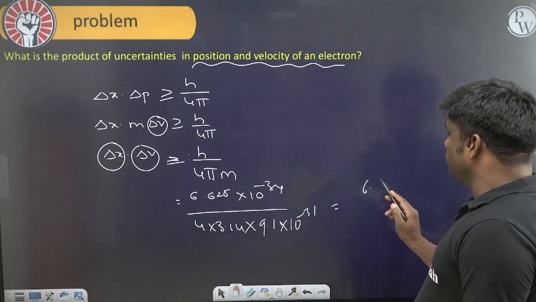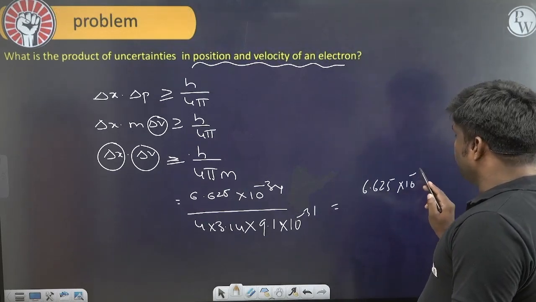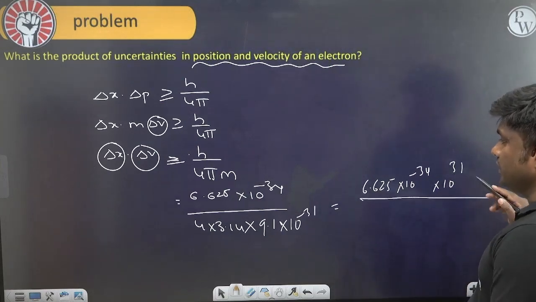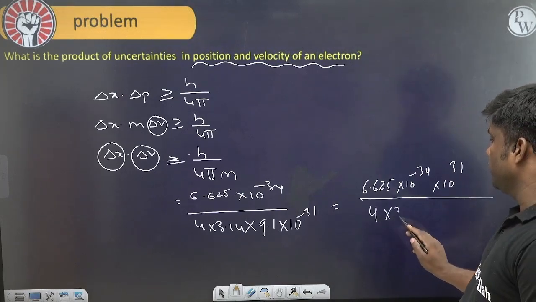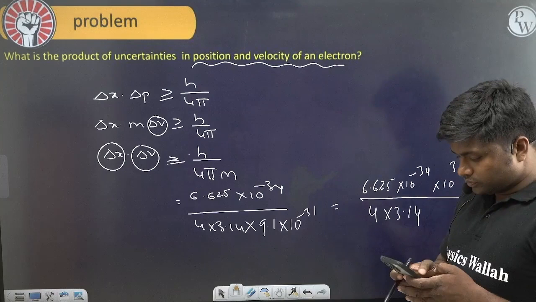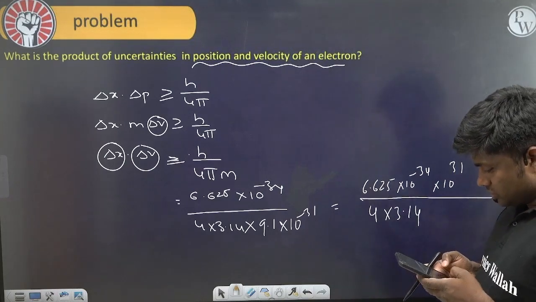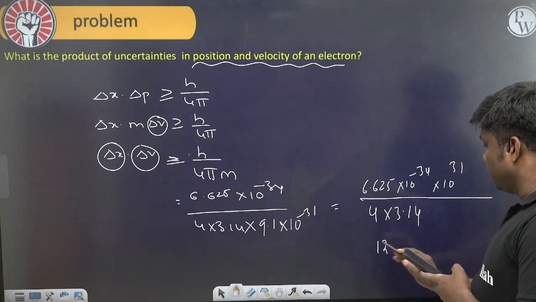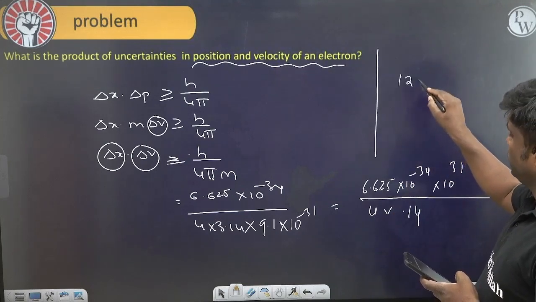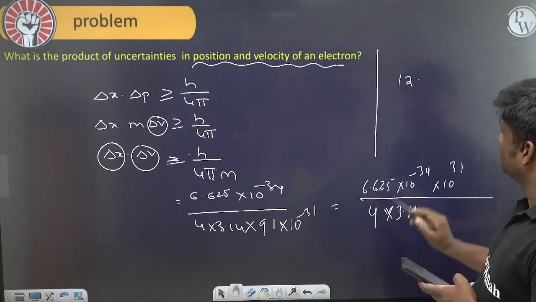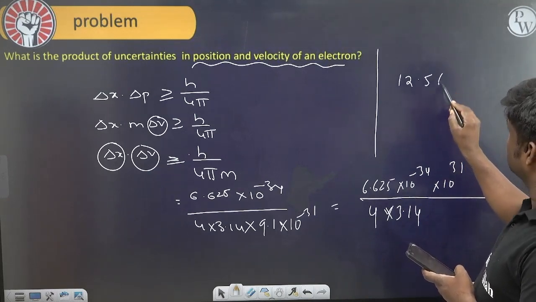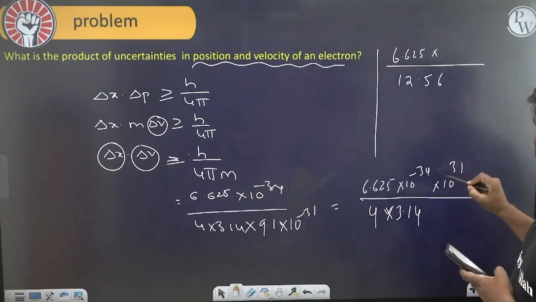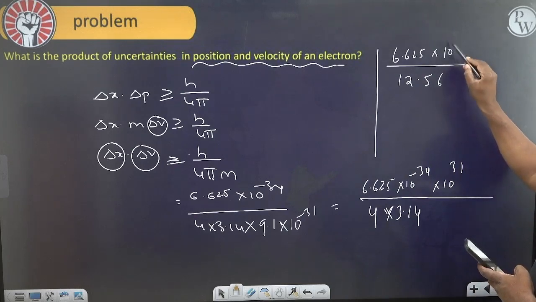So 6.625 into 10 to the power minus 34 into 10 to the power plus 31, divided by 4 into 3.14. 4 into 3.14 is 12.56. And 6.625 into 10 to the power 34 minus 31 gives 10 to the power minus 3.